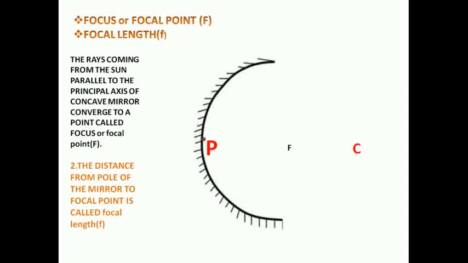What does that bright spot represent? It is the image of the sun. Now try to read this statement. The rays coming from the sun parallel to the principal axis of the concave mirror converge to a point called focus or focal point.